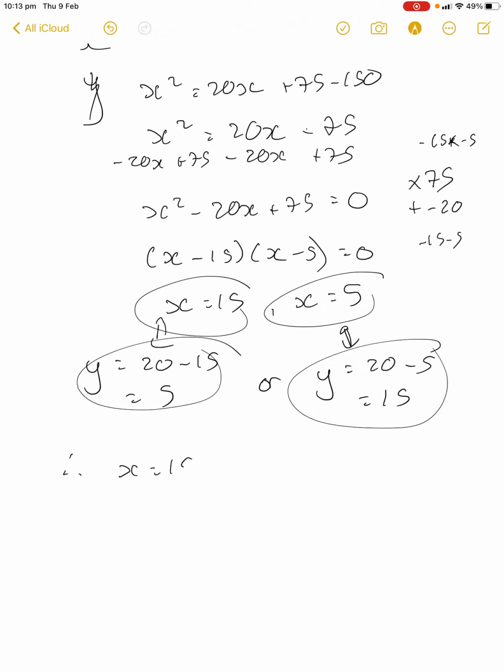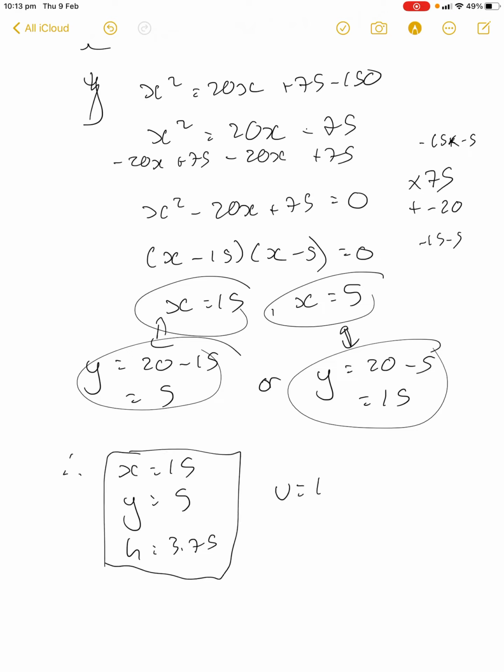Therefore, x is going to be 15, y will be 5, and the height is 3.75. And these dimensions give us the maximum volume of this shape if I was to multiply it together. And the maximum volume itself is 281.25 centimeters cubed.